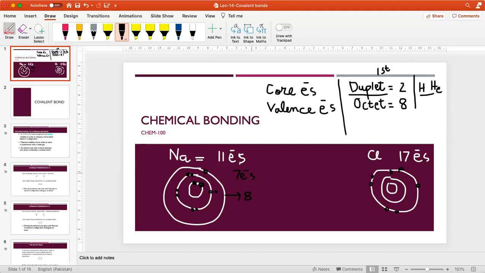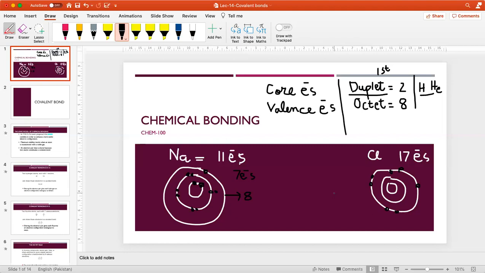Stability is the goal and objective of every atom. Here you can see that 7 electrons are there and only 1 is required. When that one electron comes, chlorine will also become stable. That is the basic reason for chemical bonding. It's just to complete the octet, just to get stability.